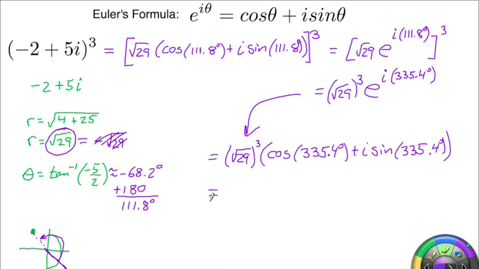Alright, so now, let's see here. This will be the square root of 29 raised to the third power times cosine of 335.4. So the first coordinate, ooh, it's a big one, would be 141.9. Well, might as well make it 142.